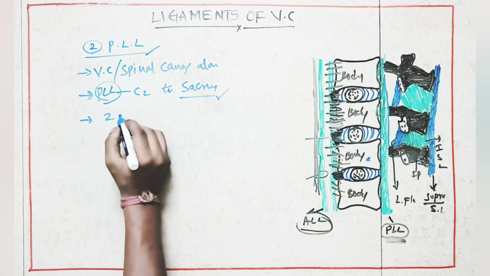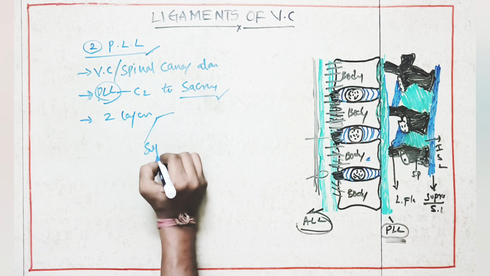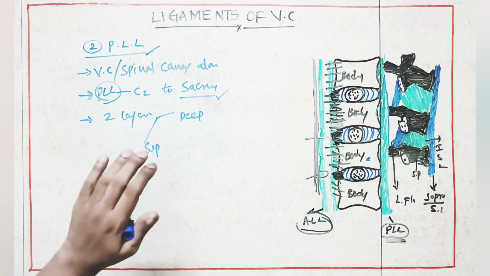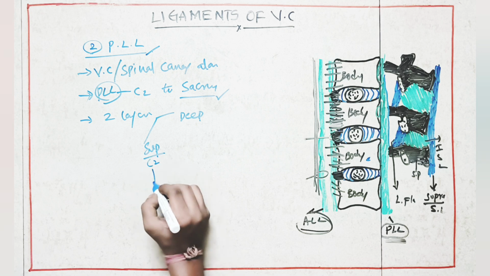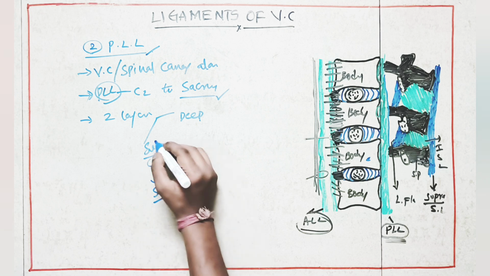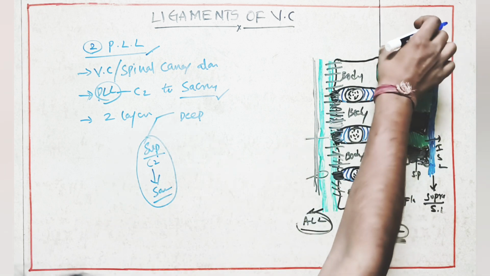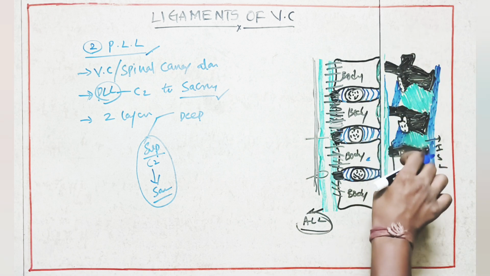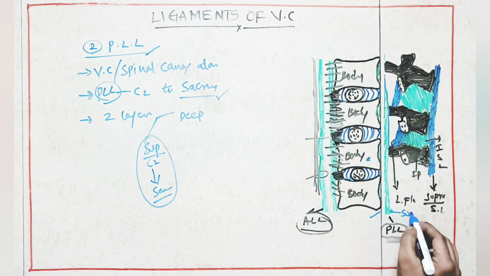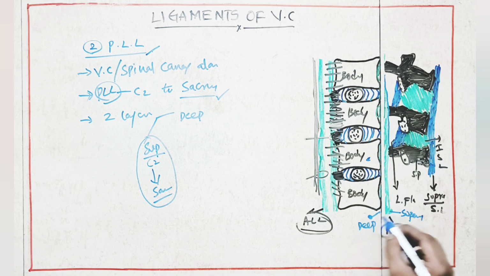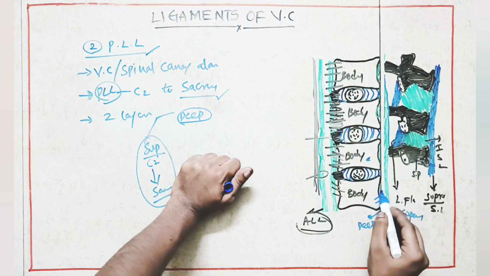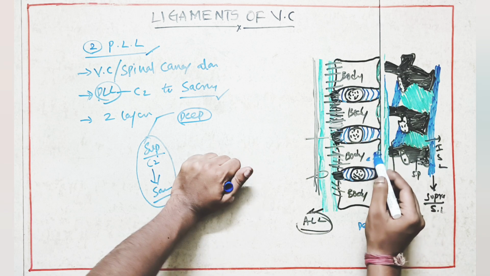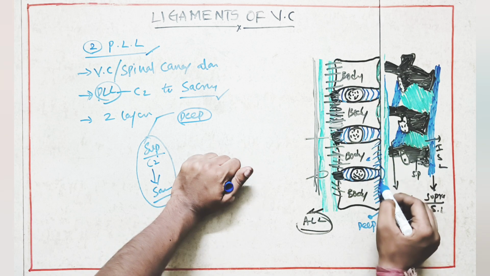Here also it consists of two layers. The first one is superficial, the second one deep, same like the anterior longitudinal ligament. The superficial layer runs from C2 to the sacrum, the entire vertebral column. The deep portion has short fibers that bridge the vertebral bodies.